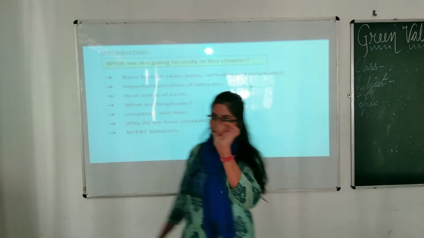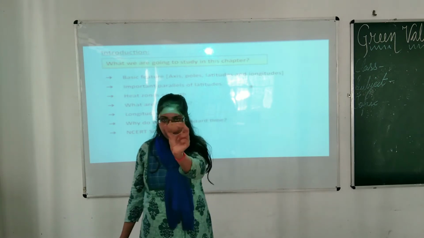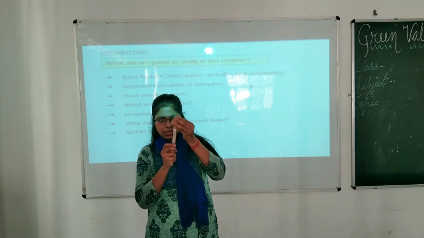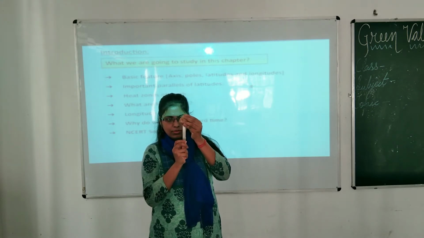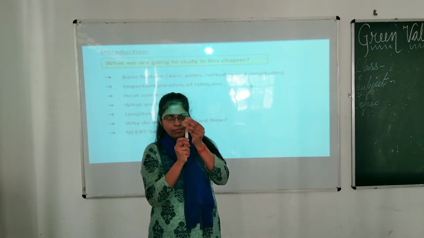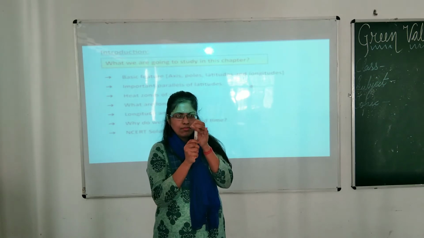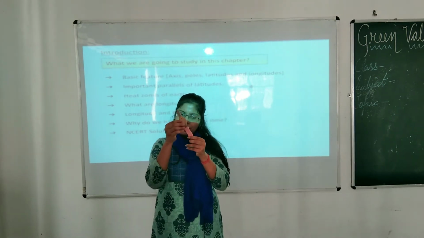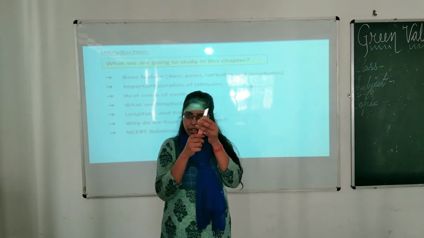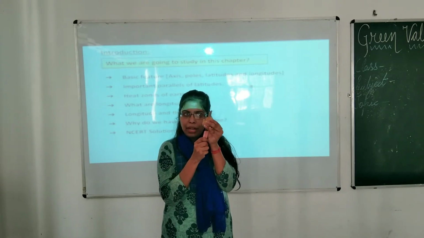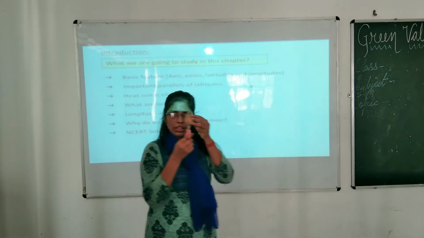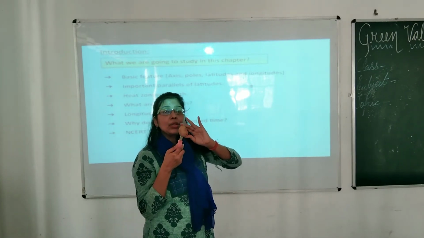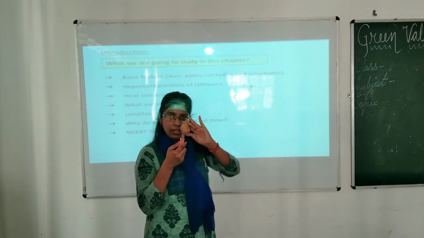Suppose this is a potato, I know, but suppose for the time being this is earth. Now you can see that a line is passing. Now see, the line is passing and it is a bit tilted, not straight. It is tilted at 23.5 degrees, 23 degrees 30 minutes.